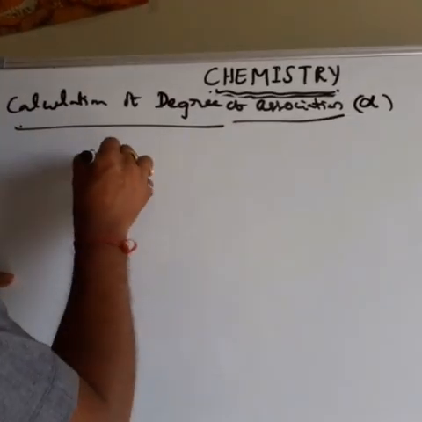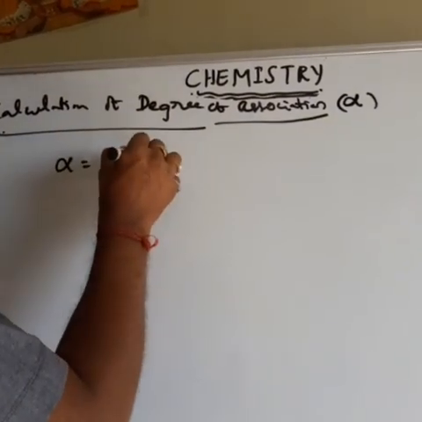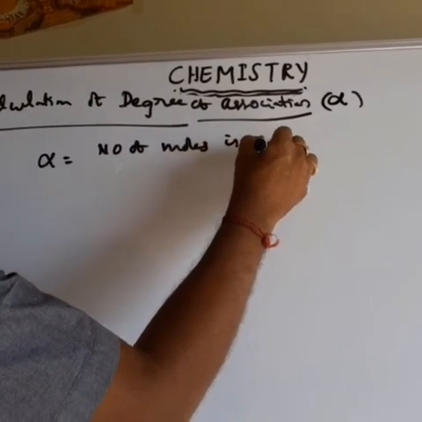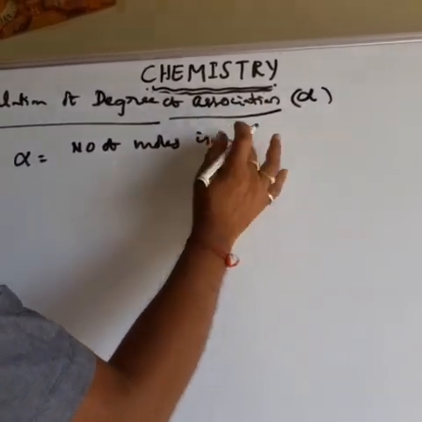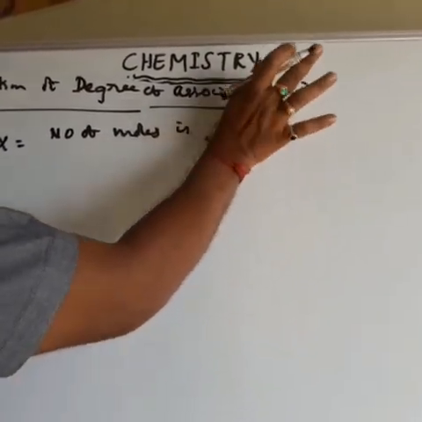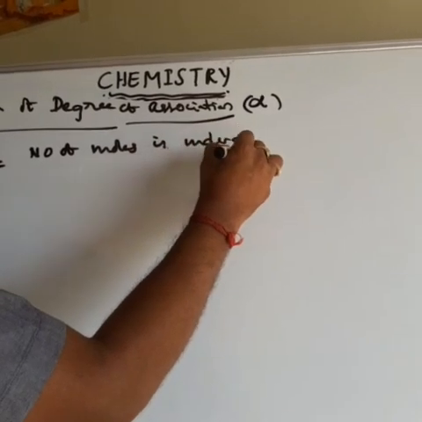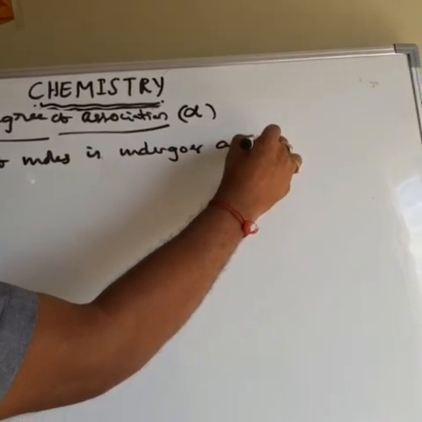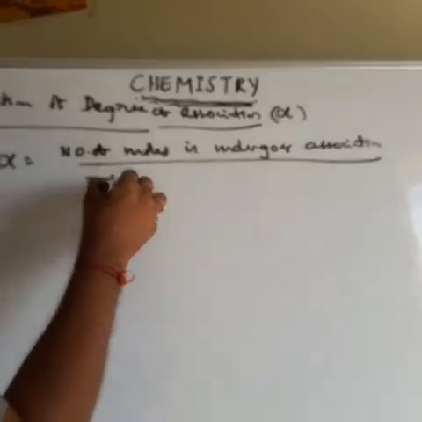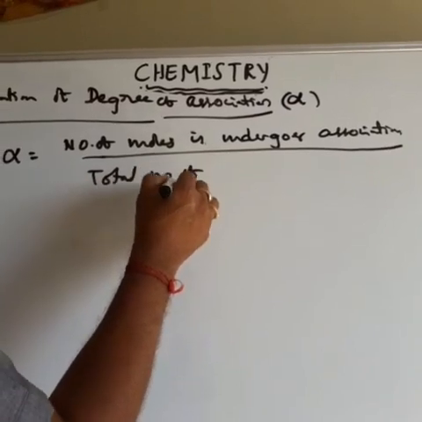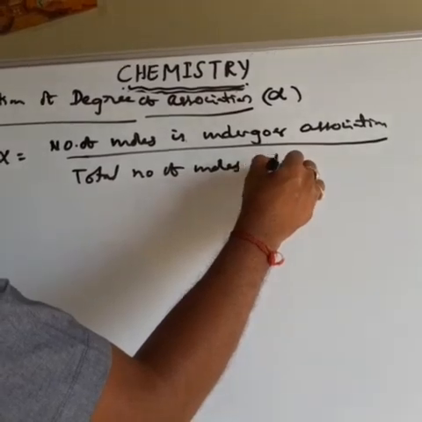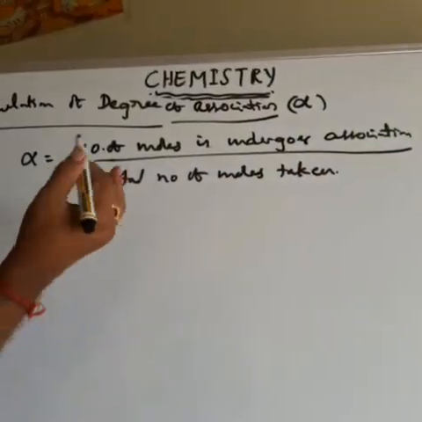So here, degree of association alpha is equal to the number of moles of substance that undergoes association divided by the number of moles taken for the association.